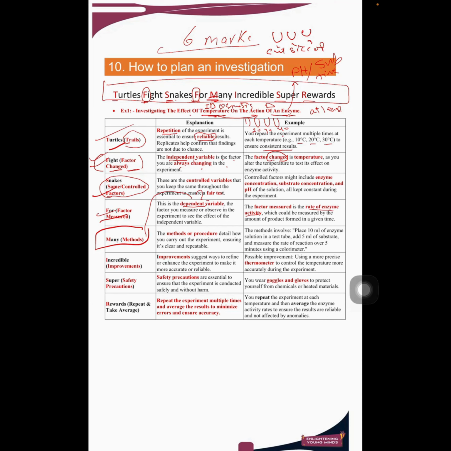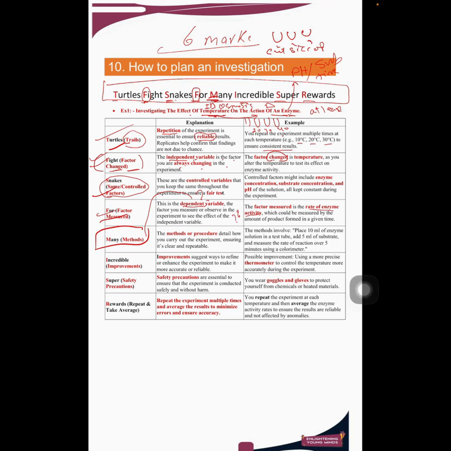For example, here I'm going to investigate the effect of peroxide. I'm going to investigate the effect on cell respiration. So I have to know what I'm going to measure and how I'm going to measure it, and we will talk about it inshallah.